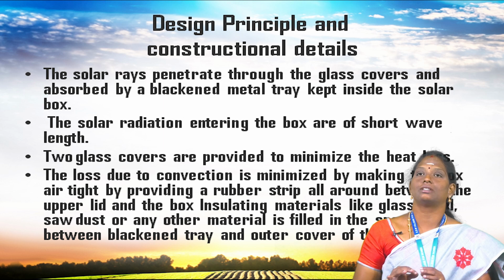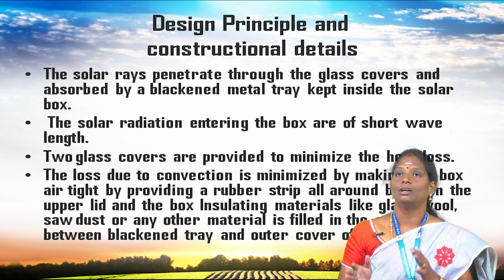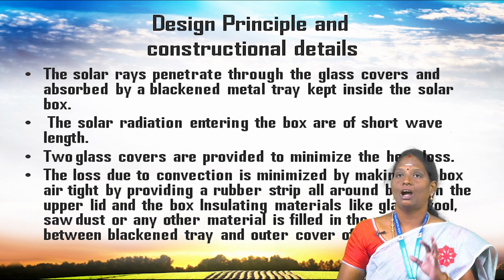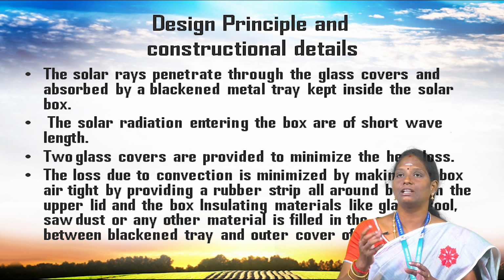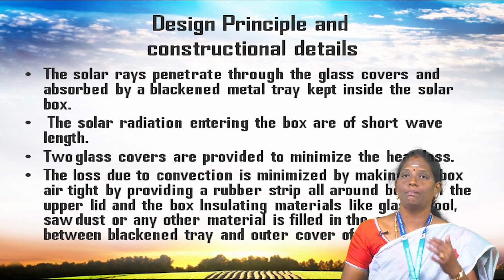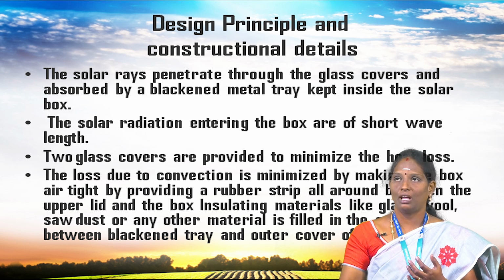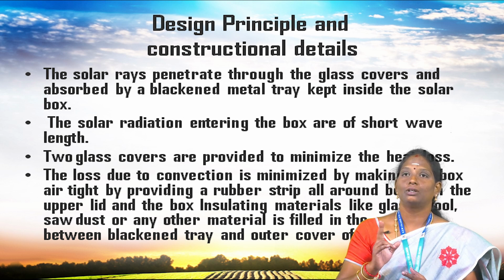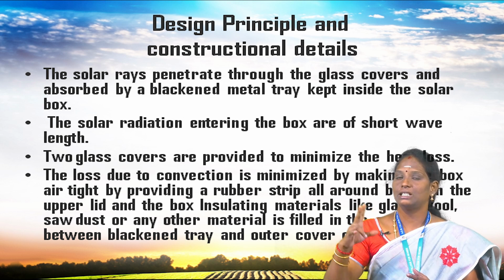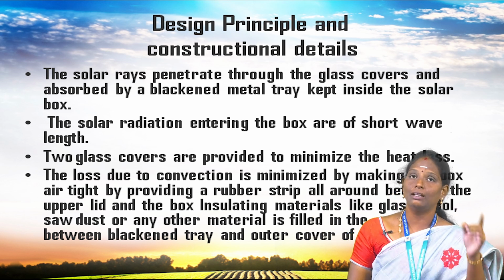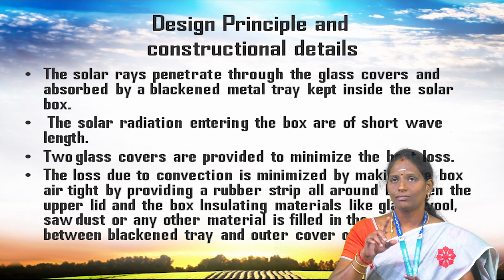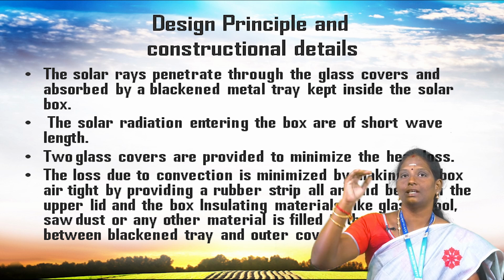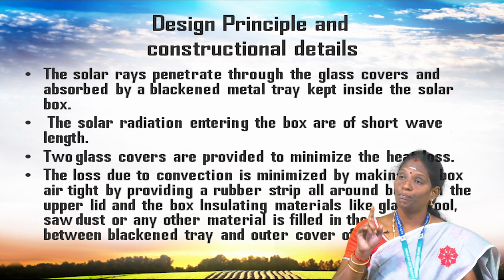The cooking pots, which are also blackened, are placed inside with food material, get heat energy and the food will be cooked in a certain period of time depending upon the intensity of solar radiation and the material of insulation provided. The amount of solar radiation intensity can be increased by providing a mirror.